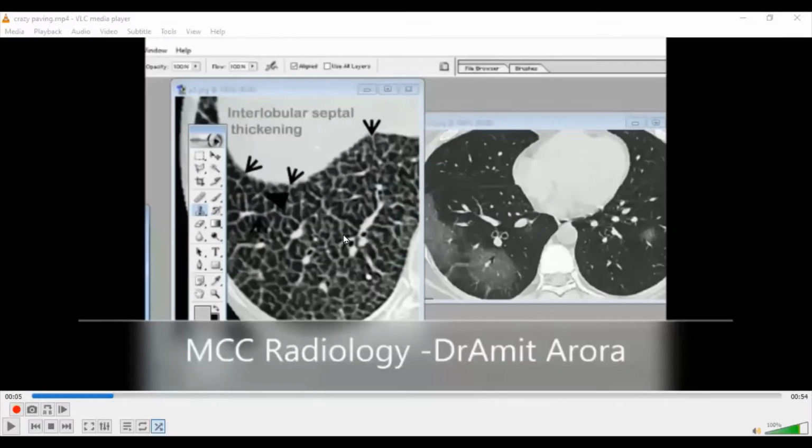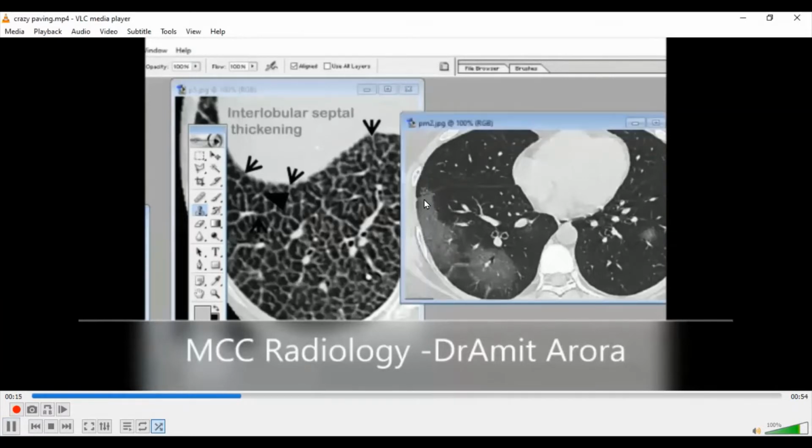In this video, I have tried to take some pixels from this and paste them over here, as you can see in the video. Here we go. You can see I am pasting this opacity over this area.